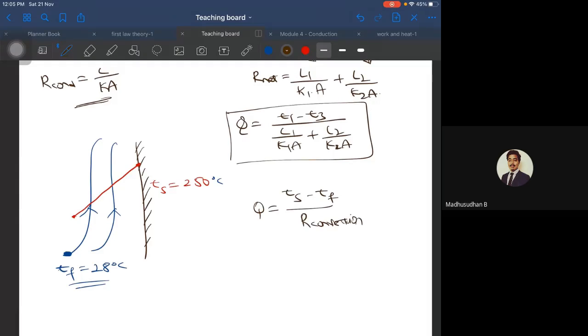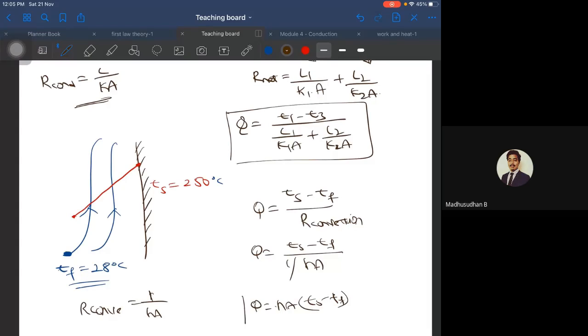So what is R convection? It is 1 divided by HA. So Q is equal to Ts minus Tf divided by 1 divided by HA. If you transfer HA to the other side, the numerator would be HA into Ts minus Tf. If you look back to your notes, this is nothing but which law?